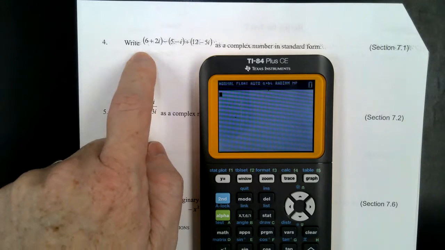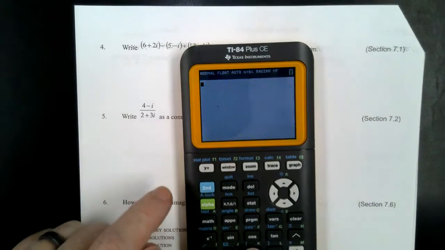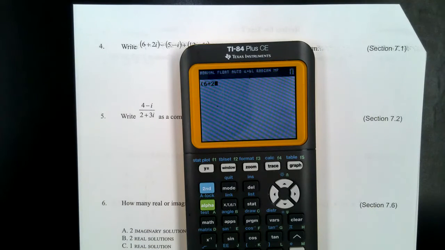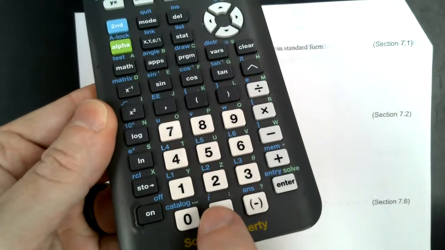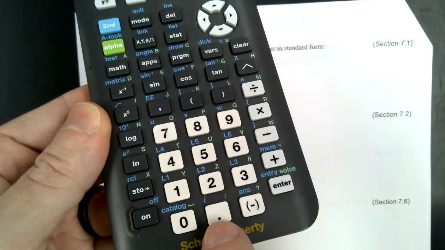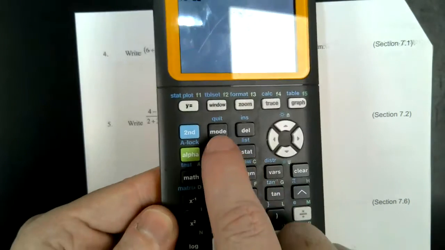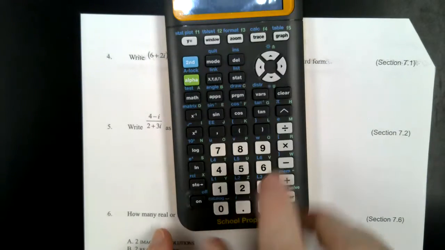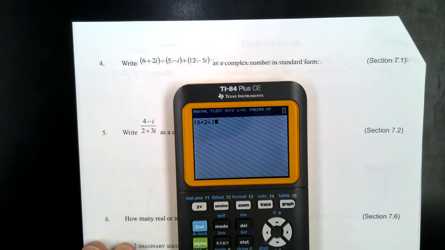How you do it is you just type it exactly as it is in the calculator now that we switched it. So parentheses 6 plus 2. Where do we get the I from? It's actually in blue right here on the decimal button. Since it's in blue, we need to hit the blue button to bring that up, and then I hit the decimal. And there is the I. 6 plus 2I parentheses.